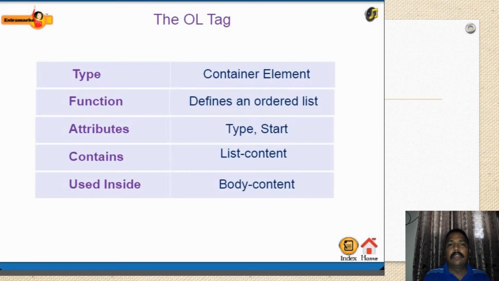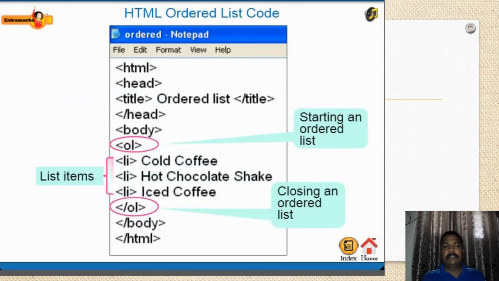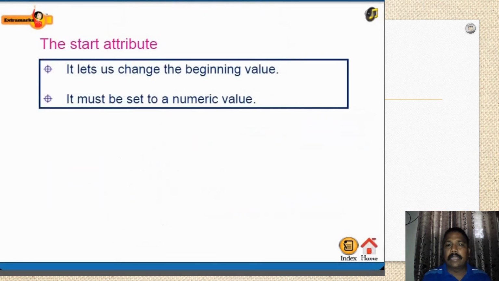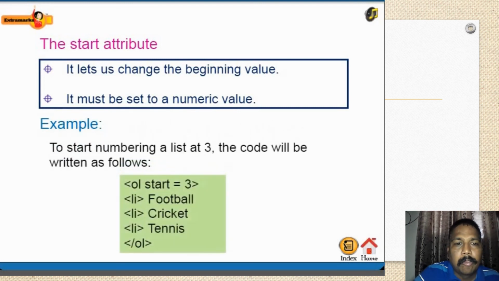Now OL is a container tag with attributes start and type, for starting an ordered list. Start lets you change the beginning value, and it must be set by a numeric value. Let's see this. OL start 3.